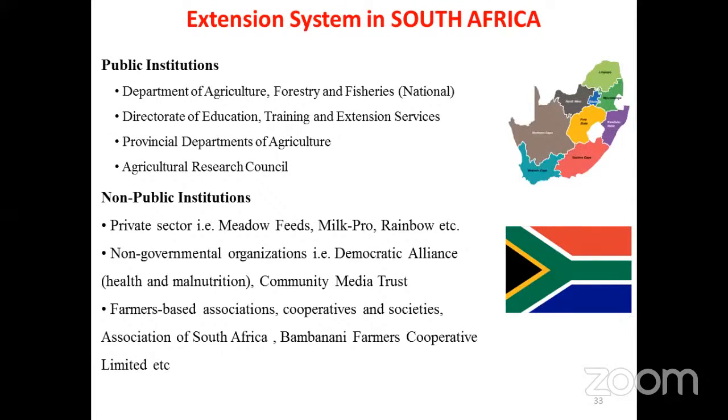Then moving on to South Africa, again, it was a British colony once. They had these white and black issues, so you will see the impact here also. They have public institutions and non-public institutions involved in agriculture extension, same as ours, like NGOs, private sector, and the government, and just like our ICAR, they have this Agricultural Research Council.